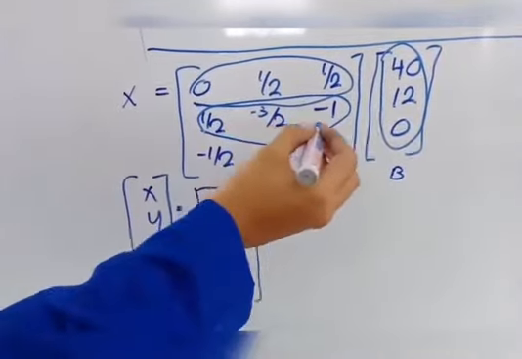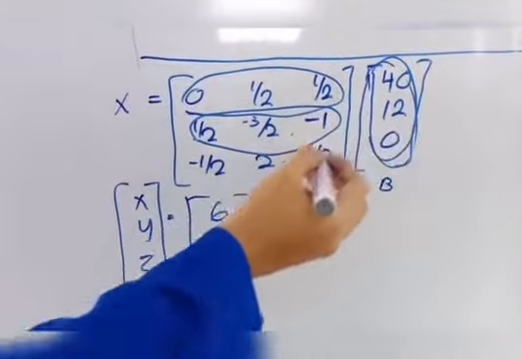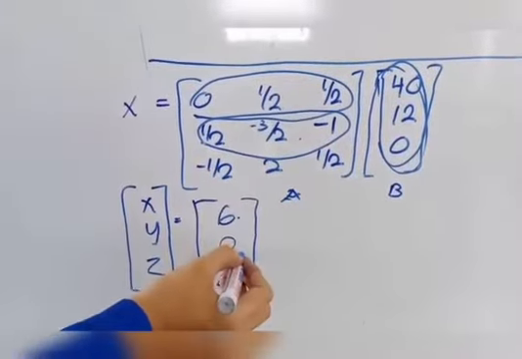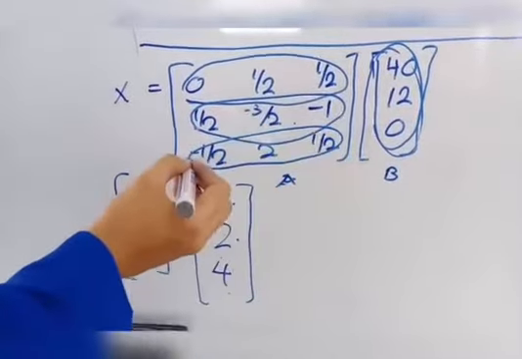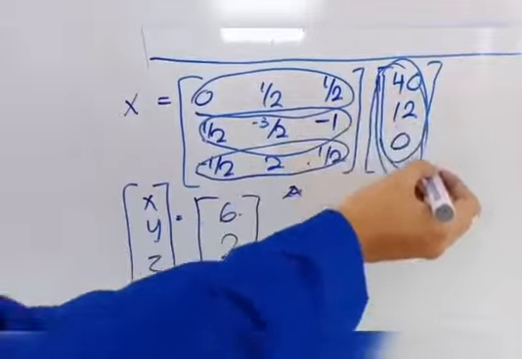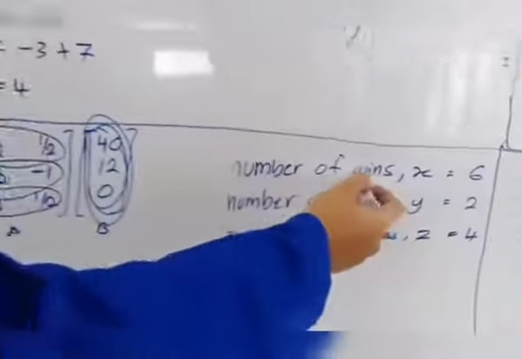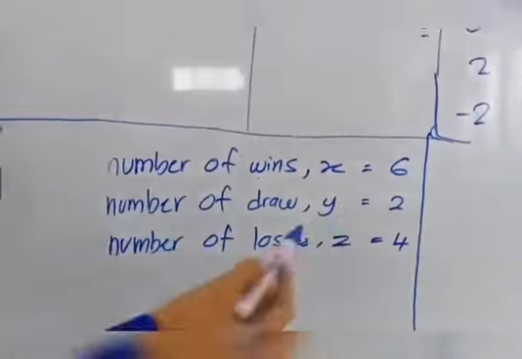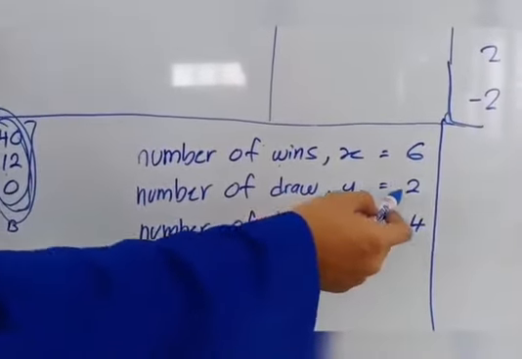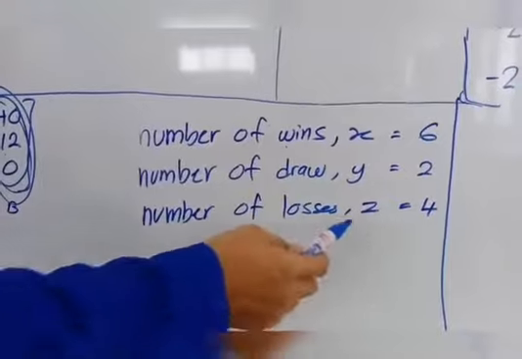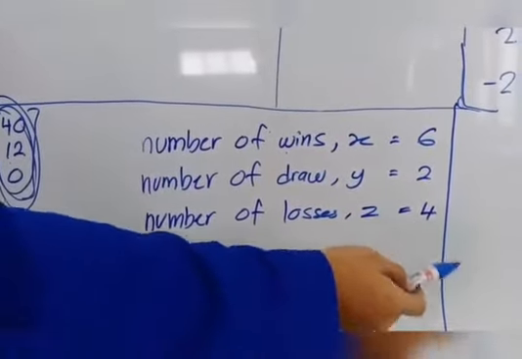The same for this: multiply by this and you get 2. And for this, you get 4. So the number of wins x is equal to 6, the number of draws y is equal to 2, and the number of losses z is equal to 4.